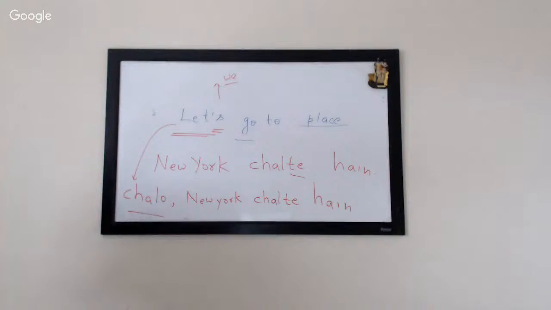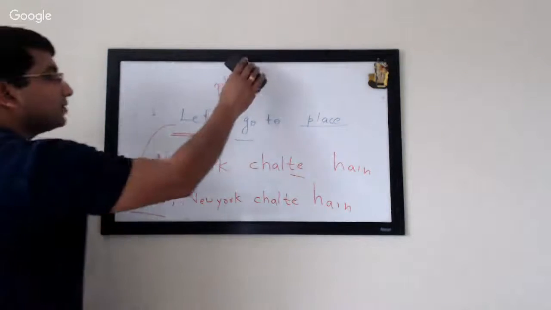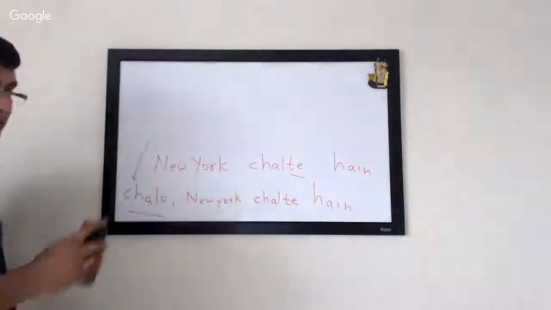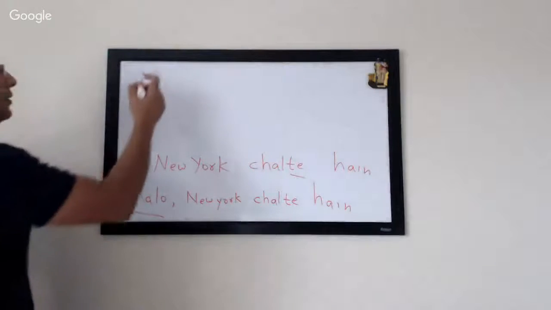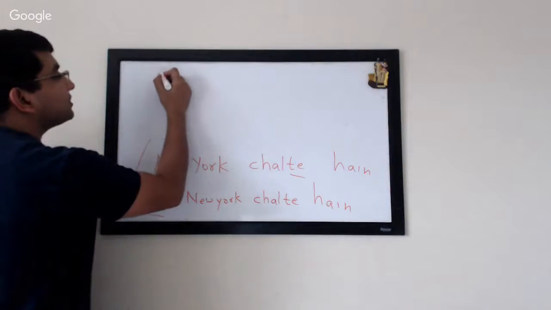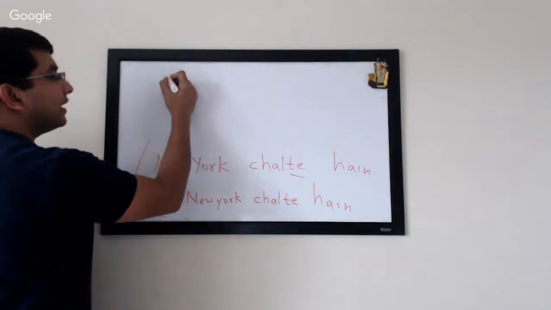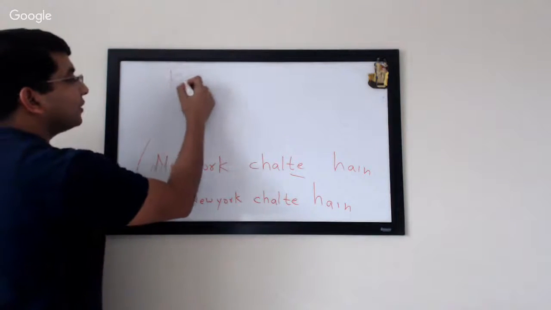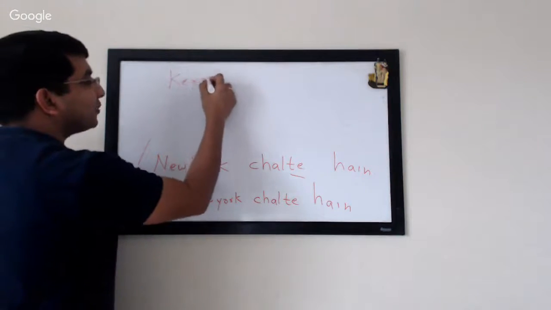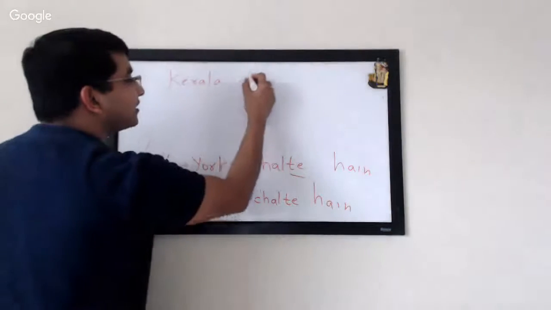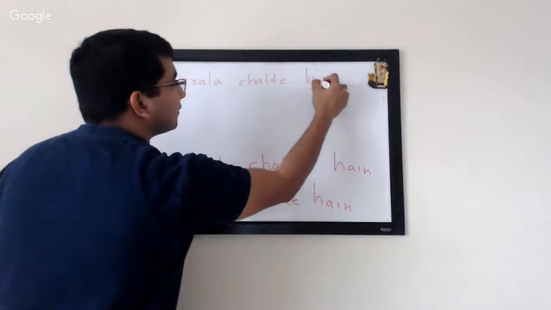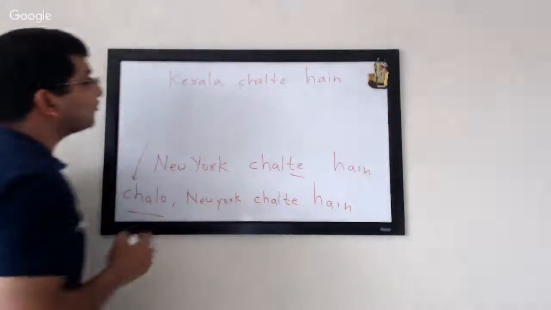So just to write down some more examples here. You're sitting with a group of friends and you are planning a trip and you want to throw something out there. A bunch of people are throwing different ideas. Some are saying Kerala chalte hain, like let's go to Kerala. There are a lot of beaches there.